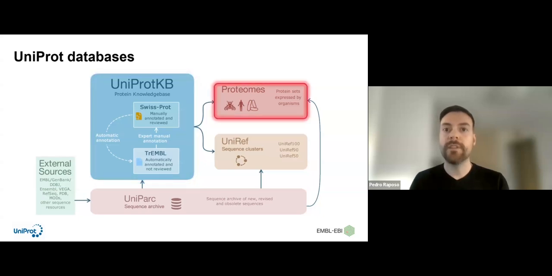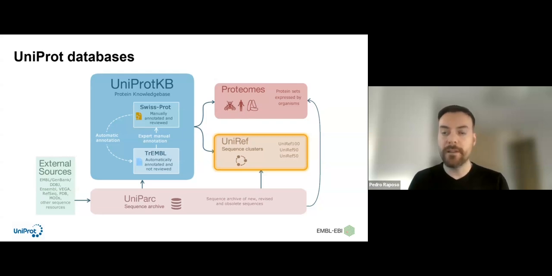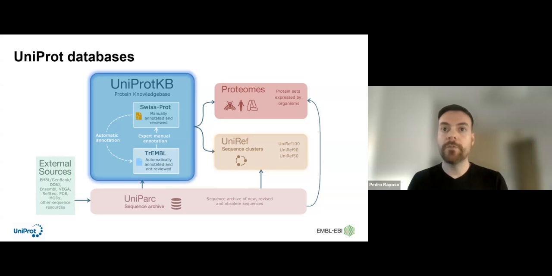We also can group those proteins into different organisms, and we call those proteomes. And finally, we also can cluster those proteins together by their similarity in UniRef. But today we are going to focus on UniProt knowledge base, which is our most used resource.